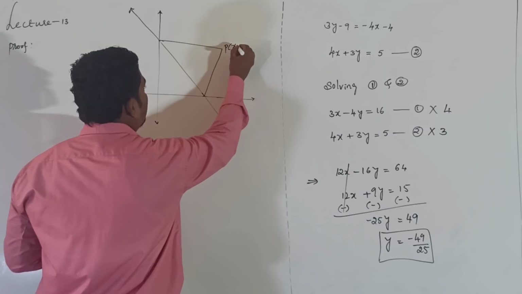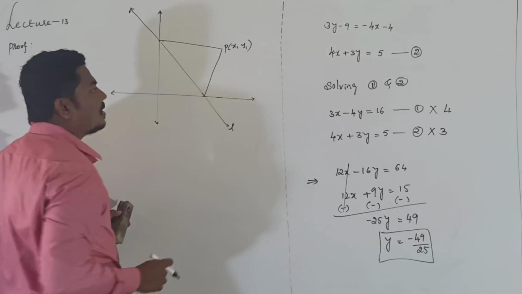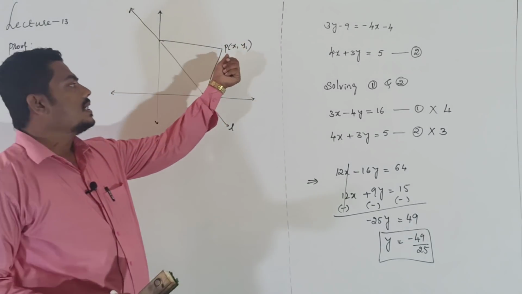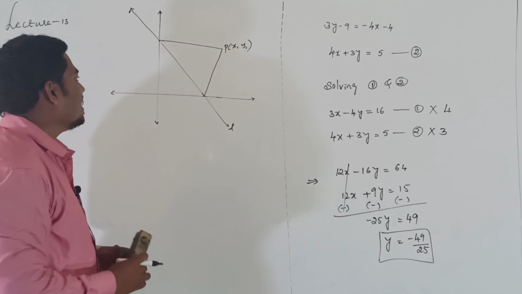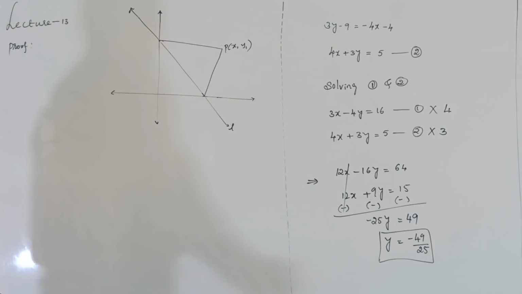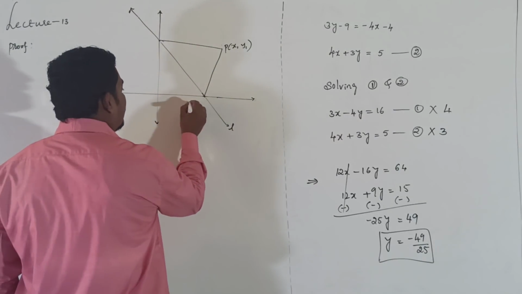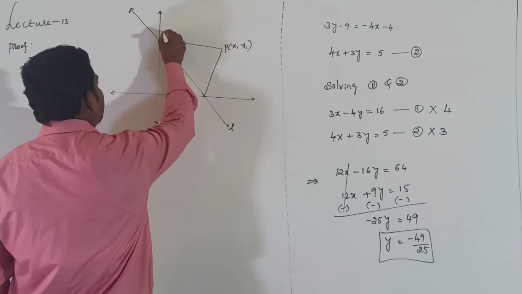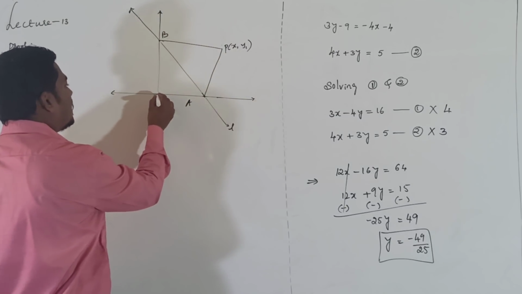P of x1 comma y1. How to find the distance of this point from this line? The line equation is ax plus by plus c equal to 0, and this point is A and this point is B, right?